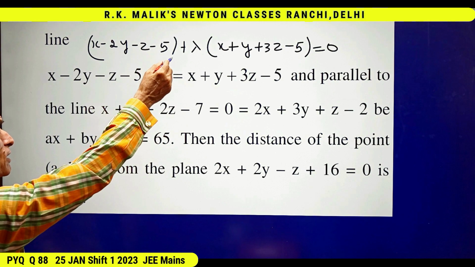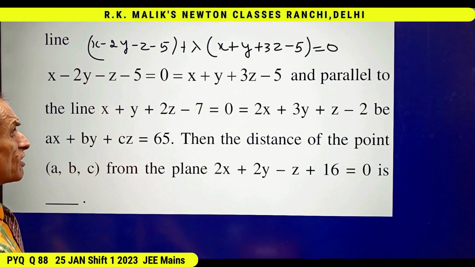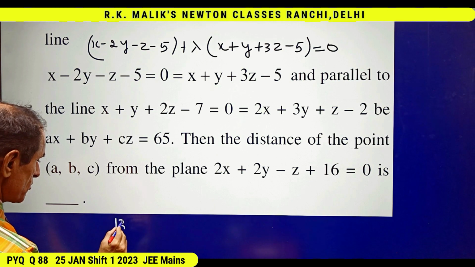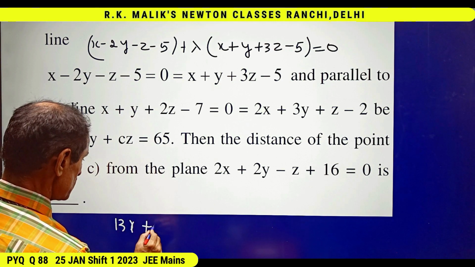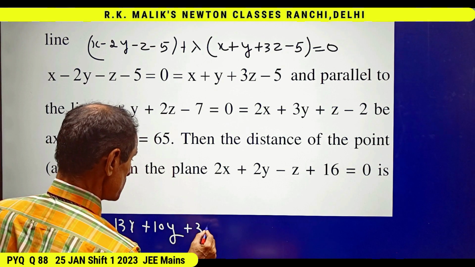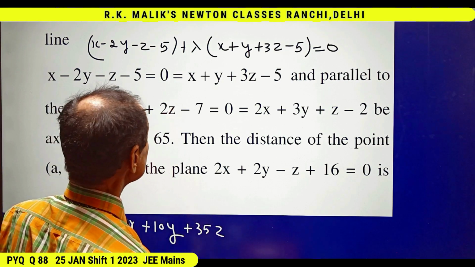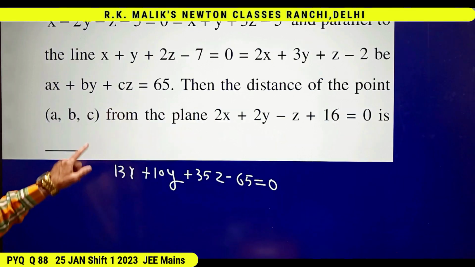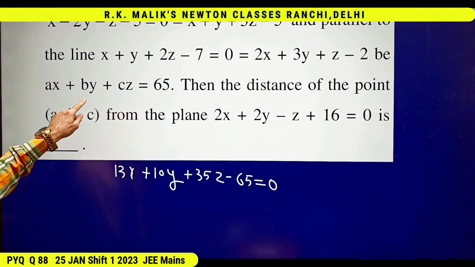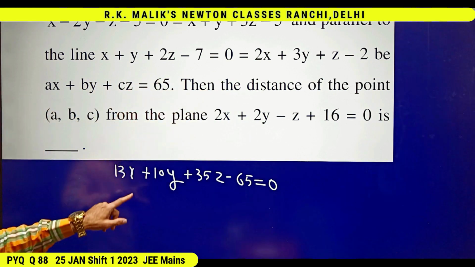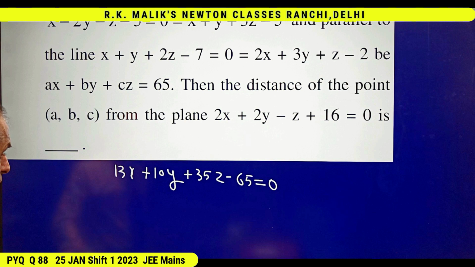And now putting lambda equal to 12 in this, I get the equation of the plane as 13x plus 10y plus 35z minus 65 equal to 0. And because this was the equation of the plane which was parallel to this line, hence this is the same as this plane.